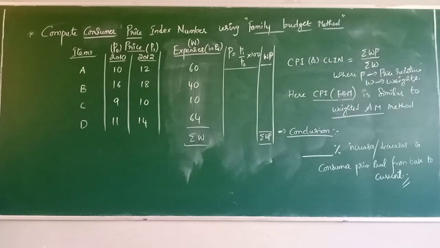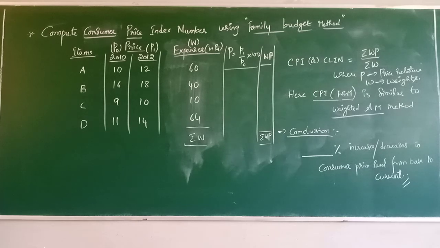This way the price relative values are to be calculated in the column, and later on WP, because you know the weighted arithmetic mean formula is summation WP by summation W, where P is the price relative, which we calculate in the column. Multiply W and P together, and then find the total of WP.